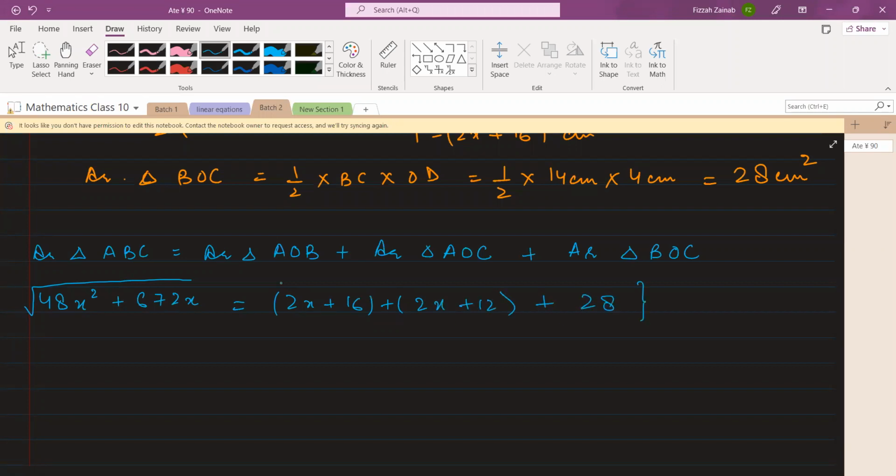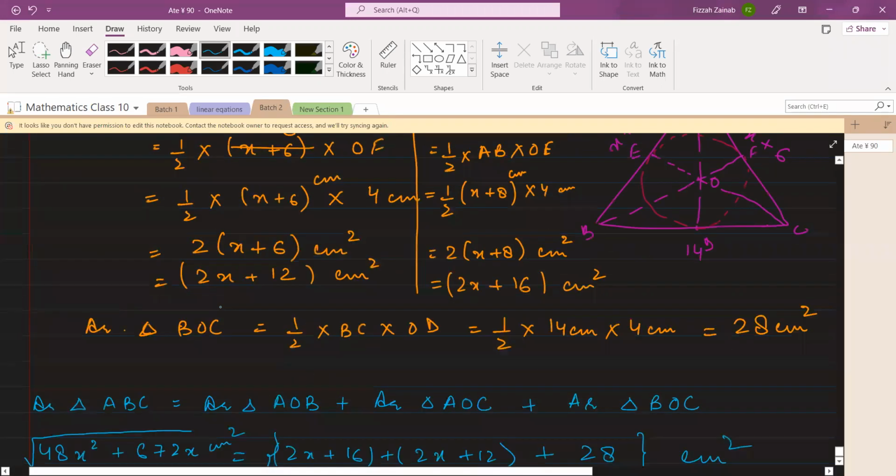So everything is actually in centimeter square, so the units will get cancelled out. Am I right? Yes. No, ma'am, 1 centimeter should remain.